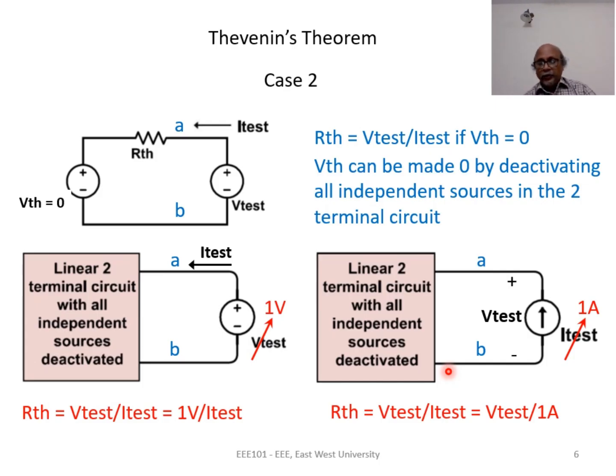Now, we should be careful about one thing, that is the relative polarity or relative reference of Itest and Vtest. If we look at all the diagrams, you will see that Vtest and Itest do not satisfy passive sign convention. That is the important thing you need to remember.